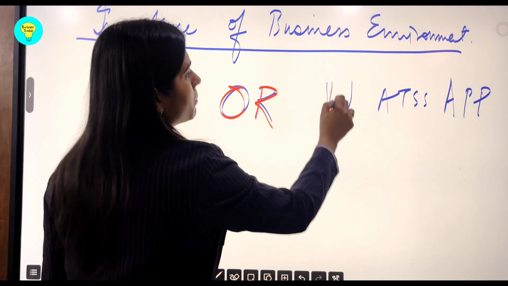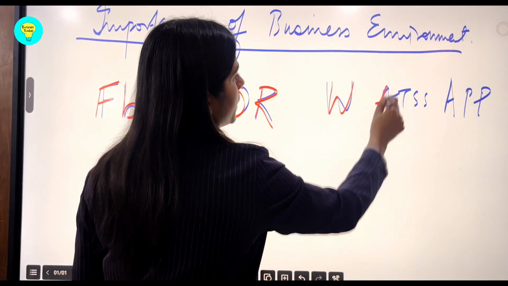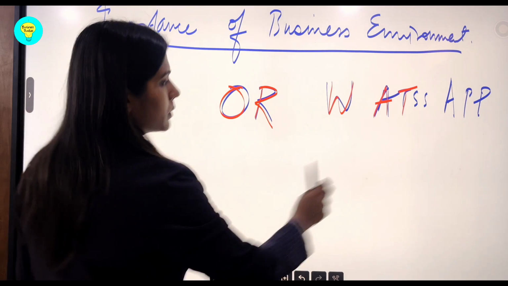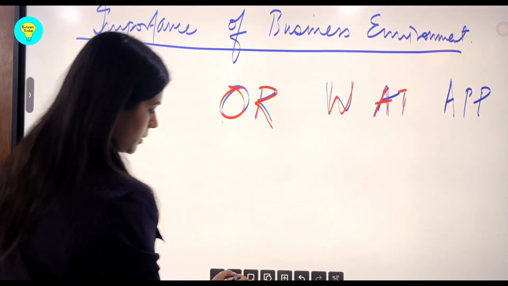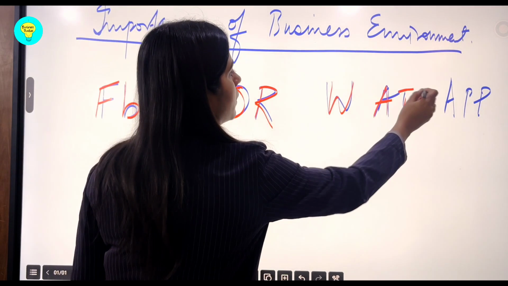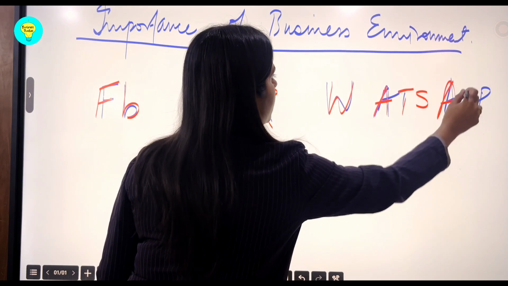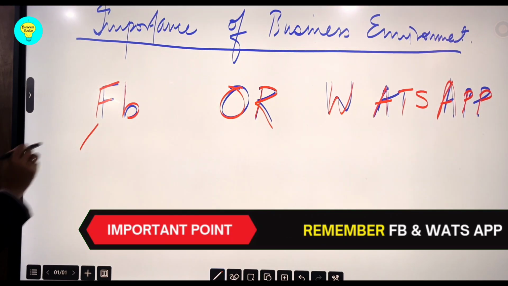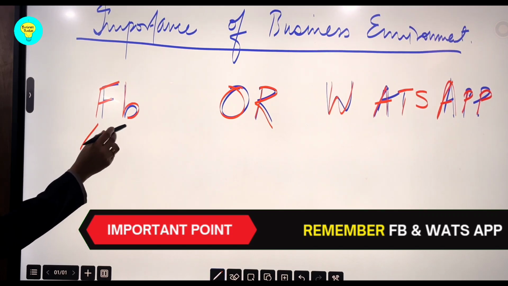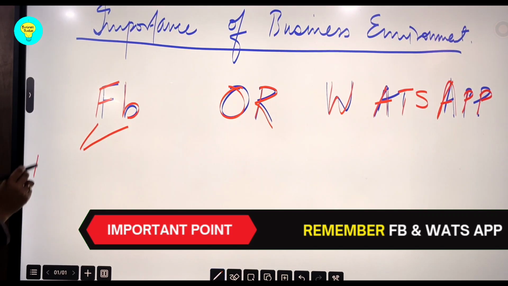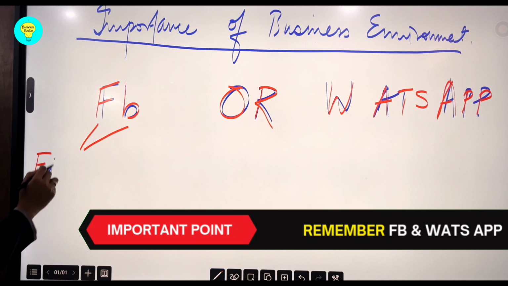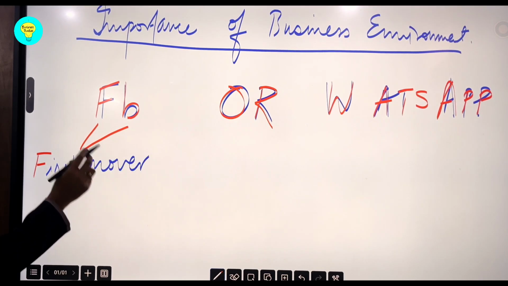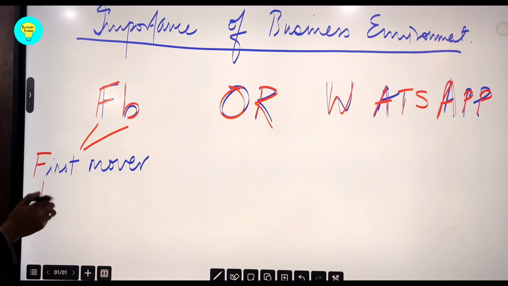These are all the main points in the topic. We can skip one S in WhatsApp. So, let's have a look. Here F, students, these two letters stand for first mover benefit, or we call it advantage.